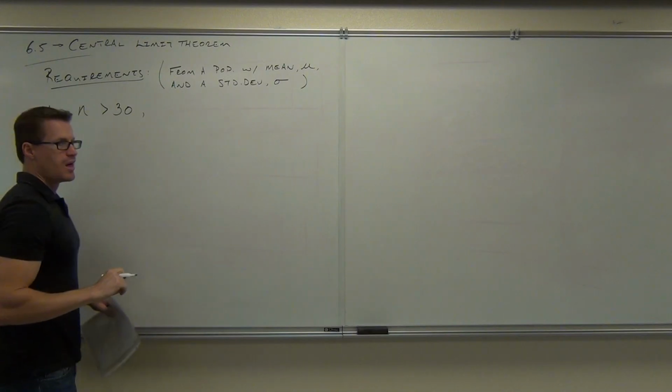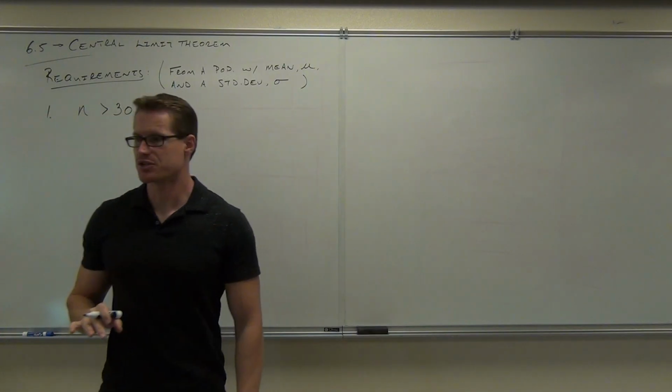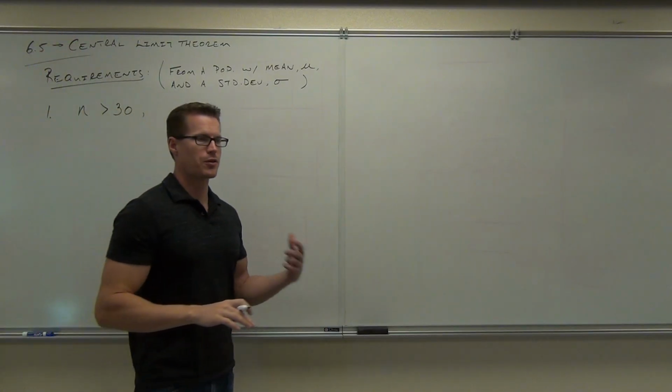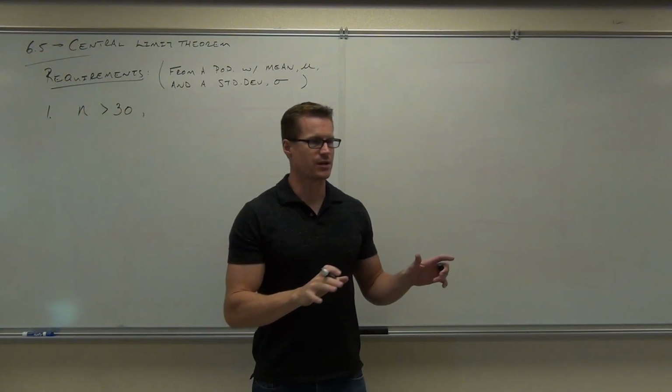here's what you know. This is very, very interesting. This is part of the central limit theorem I'm telling you right here. If n's greater than 30, are you listening?